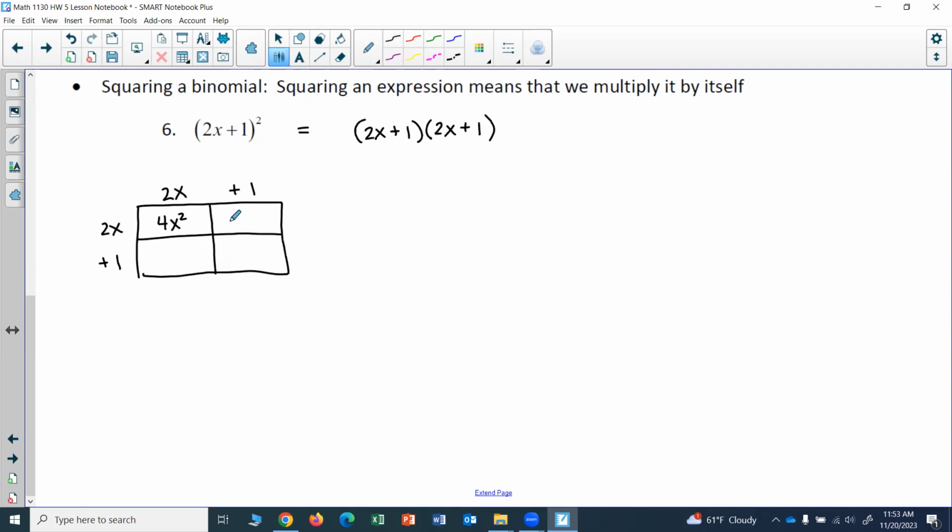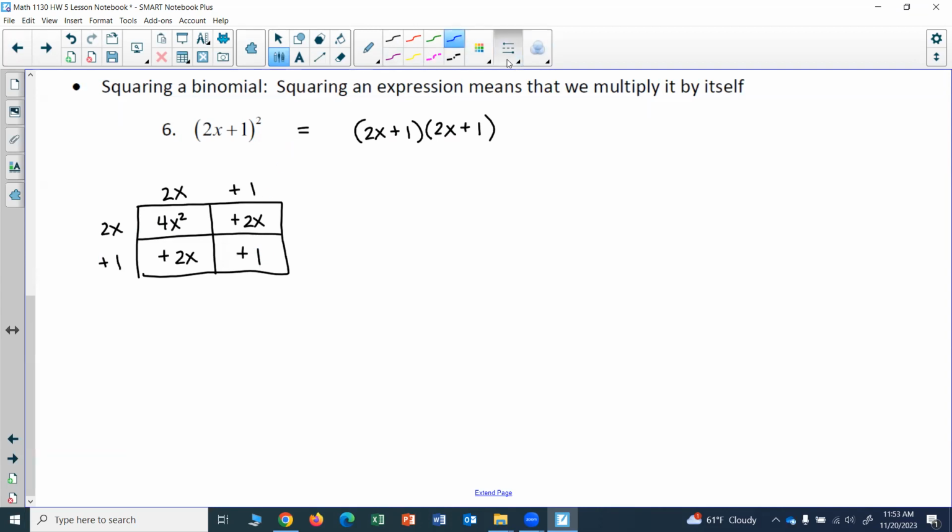In the upper right box, I have 2x times 1. That would give me a plus 2x. In the lower left box, I have a 2x times 1, so plus 2x again. And in the lower right box, I have 1 times 1. That would give me a plus 1.